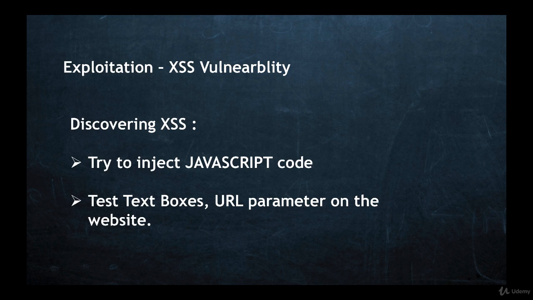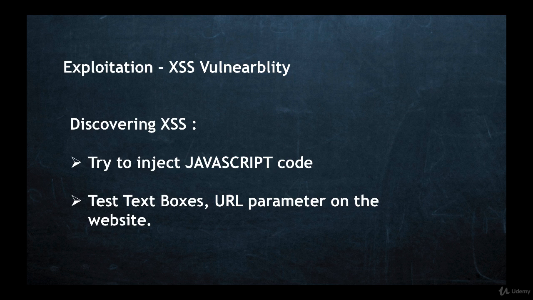So how do we exploit or find an XSS vulnerability? If you are able to find any text box, any comment box, or any search box in any website, try to inject JavaScript code into those boxes.